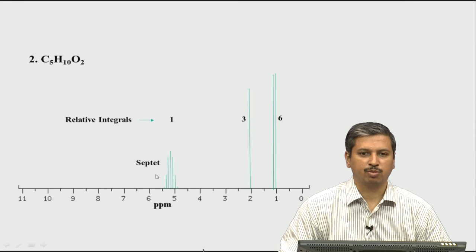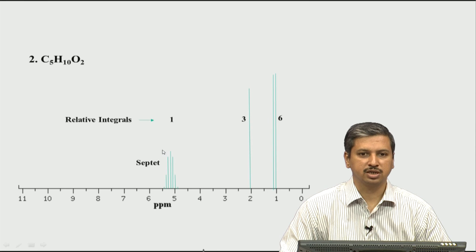If you remember Pascal's or the n plus 1 rule, a single proton showing a septet means it is coupled to 6 hydrogens. Now, 6 hydrogens are only possible if there are 2 methyl groups, CH3 CH3.